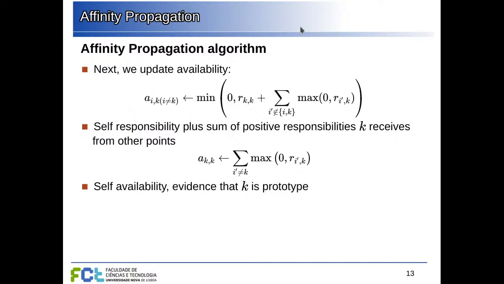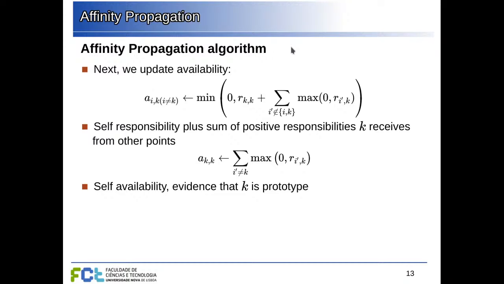So then we update the availability by looking at the self-responsibility, so how a point is somewhat prone to be a representative of other points, and then looking also at the propensity for representing different points.